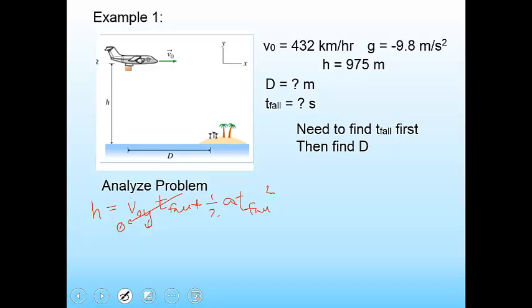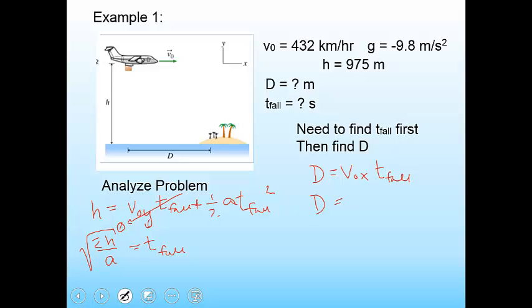We can solve this for t fall. So we have 2h over a, square rooted, is equal to t fall. Okay, that t fall is what's going to go into our second equation. So we got d is equal to v naught x t fall.